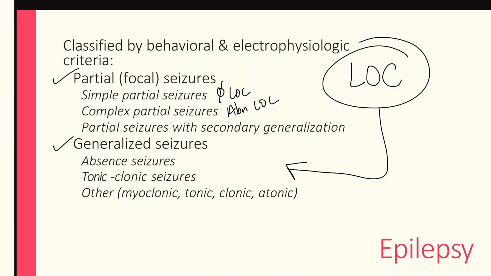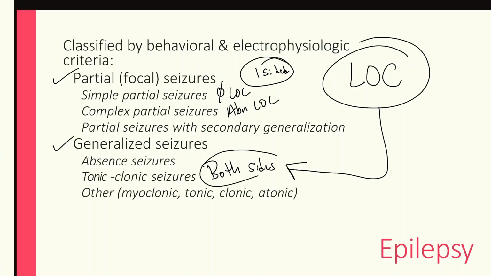Now, the other key thing, partial focal seizures are one-sided. Only one side of your brain is having all these electrical discharges. In a generalized seizure, when you have full loss of consciousness, both sides of the brain are being affected by these abnormal discharges.